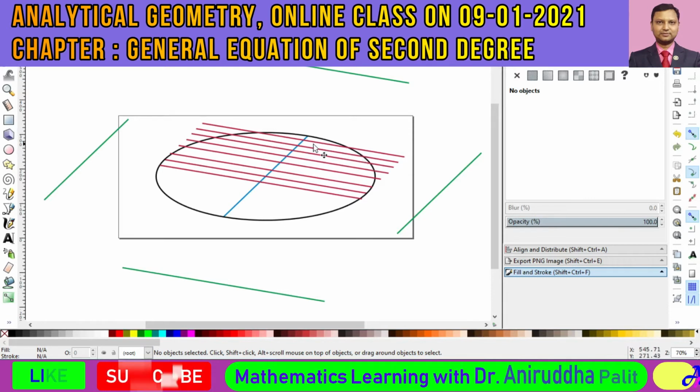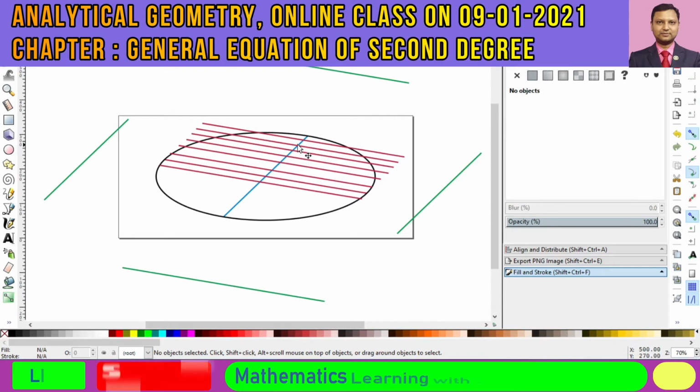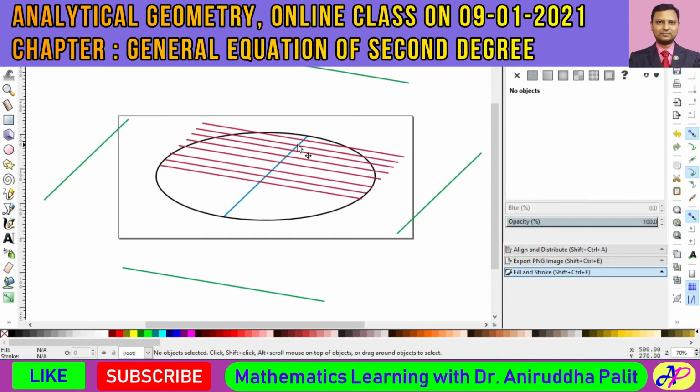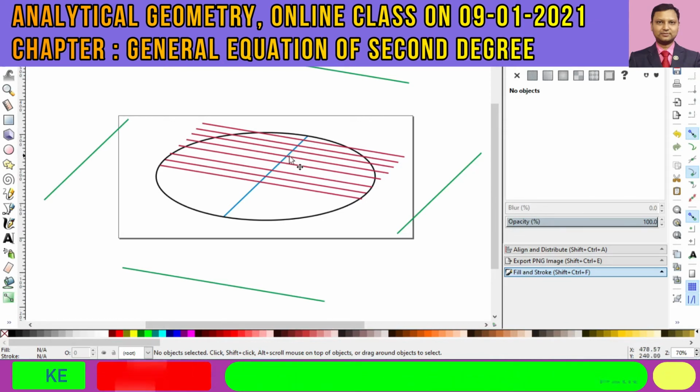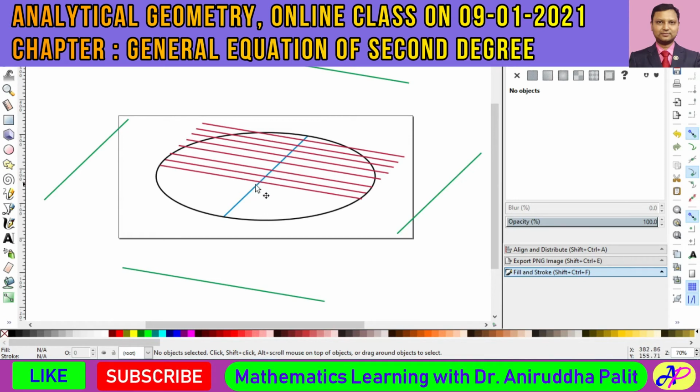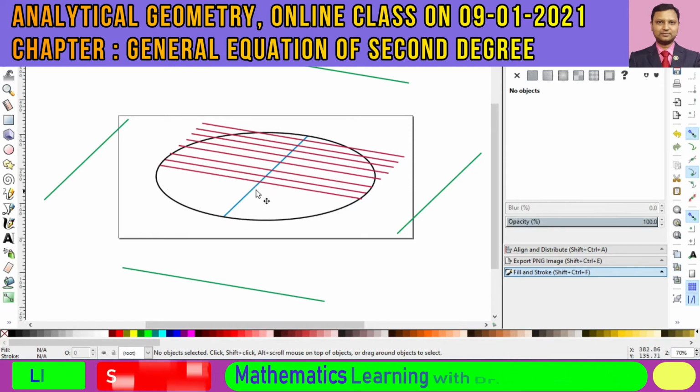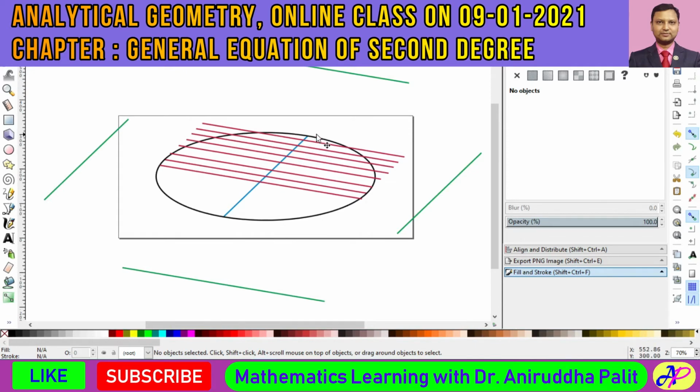If you consider any chord and find its middlemost point, you will observe that all these middlemost points ultimately lie on a straight line. This blue line is actually the locus of these middlemost points.